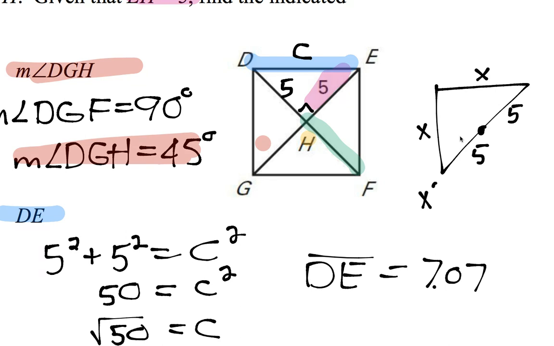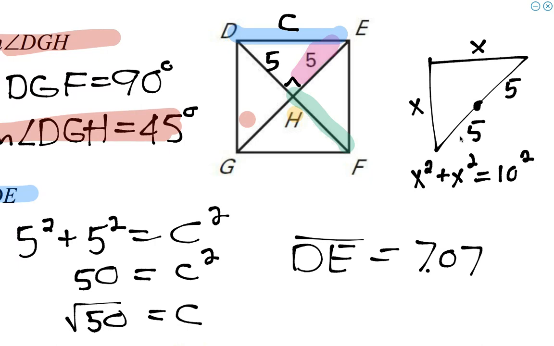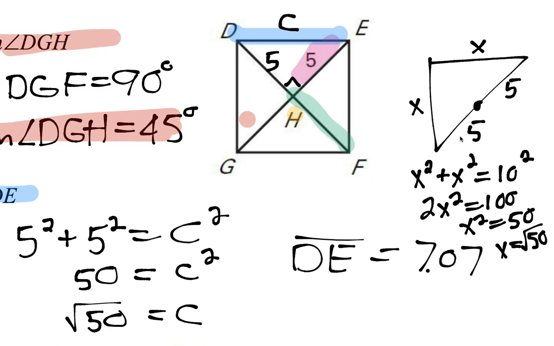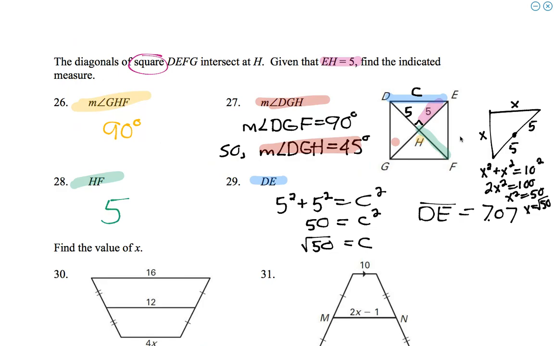That means X squared plus X squared equals 10 squared. So that's 2x squared equals 100. So x squared equals 50. And we're back in the same boat. X equals the square root of 50. Two options there.